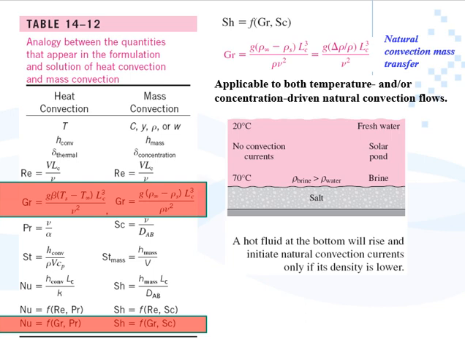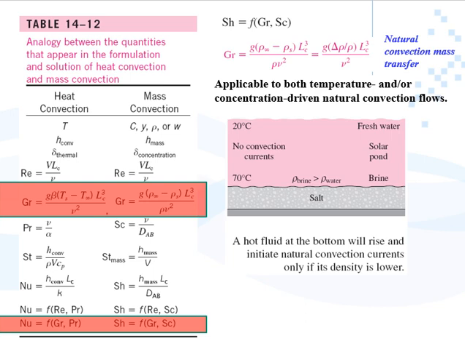In mass convection we are speaking about concentration difference, but there are different representations of concentration, mass base, molar base. H convection means convection heat transfer coefficient. Similarly, H mass represents mass convection coefficient.